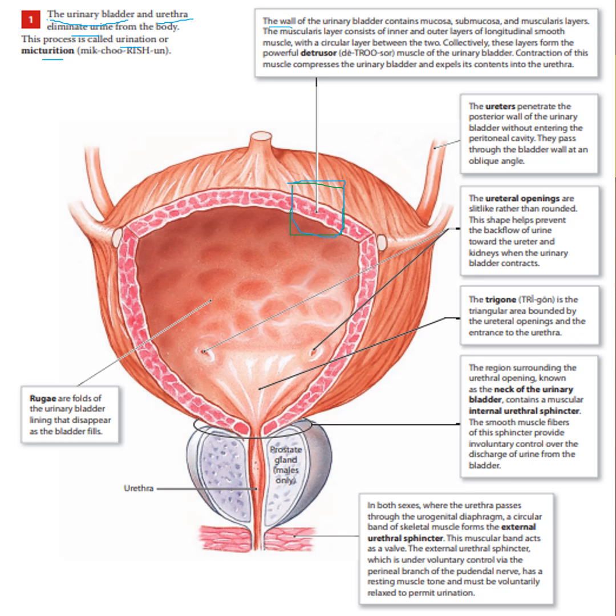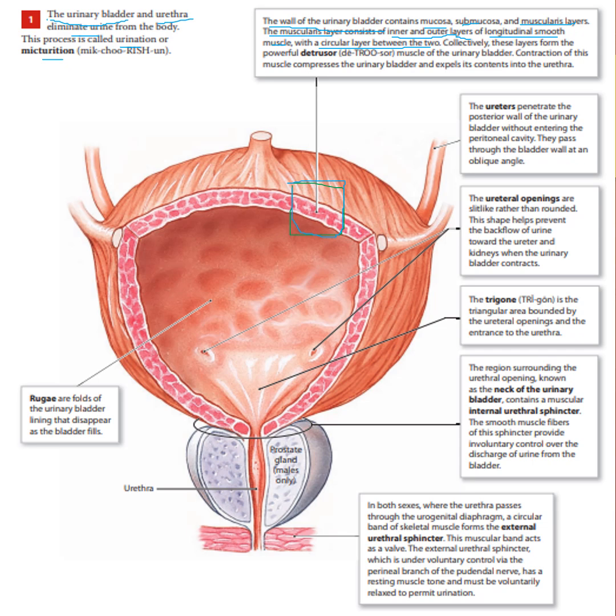The walls of the urinary bladder contain mucosa, submucosa, and the muscularis layer. The muscularis layer consists of inner and outer layers of longitudinal smooth muscle with a circular layer in between these longitudinal layers.